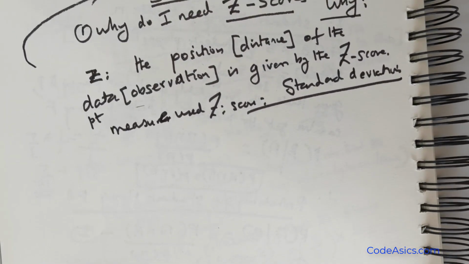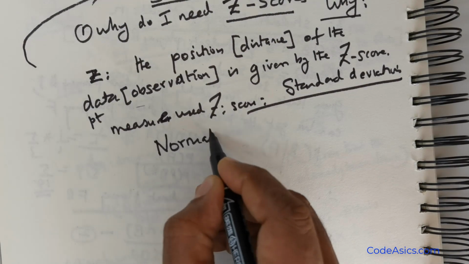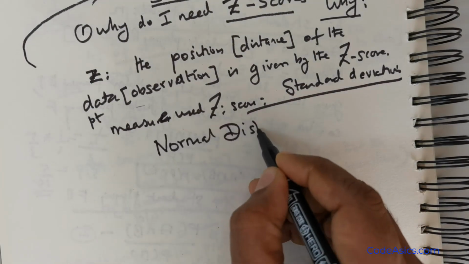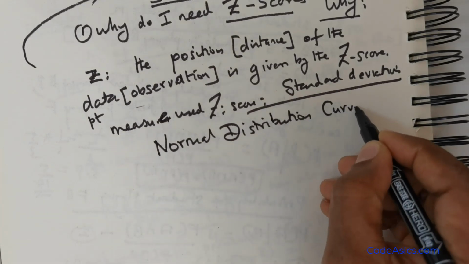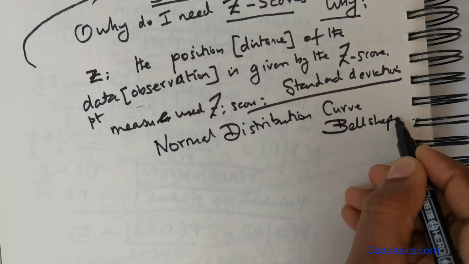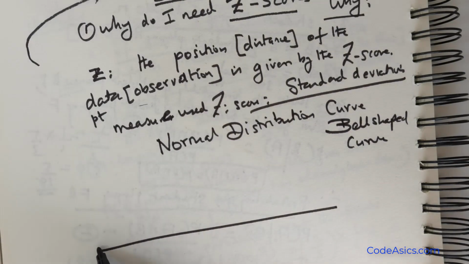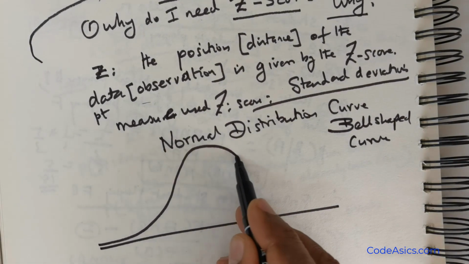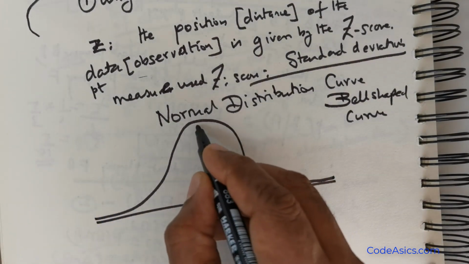Let me move on further. We will be utilizing what is called the normal distribution curve, also called the bell-shaped curve. The curve looks like this. You have to draw a bell. Just assume that it is symmetric. What does symmetric mean?